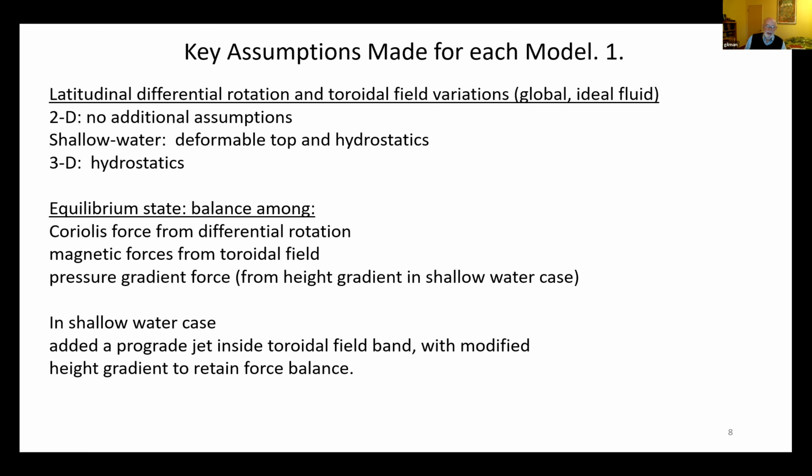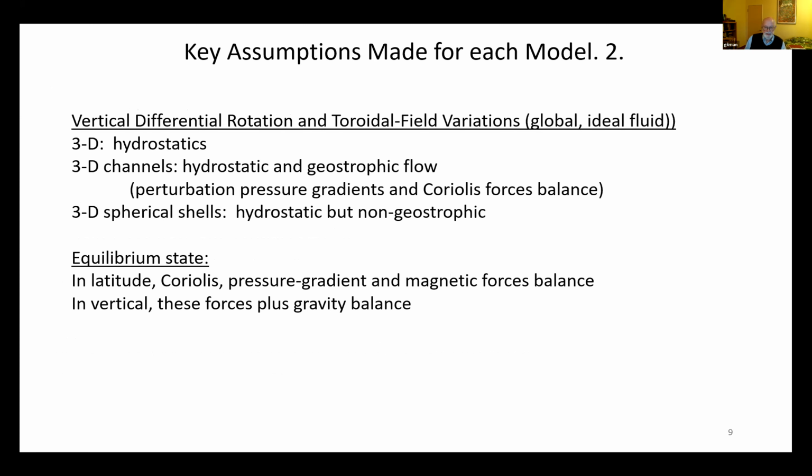In the equilibrium state in latitude, you generally have a balance among the Coriolis force from differential rotation, the magnetic forces from the toroidal field, and a pressure gradient force, or a height gradient in the shallow water case. And the shallow water case is a particularly interesting thing. You can have a prograde jet inside the toroidal field band or a retrograde jet, and then you get a modified force balance, which is still a force balance. I'll come back to that a little bit later.